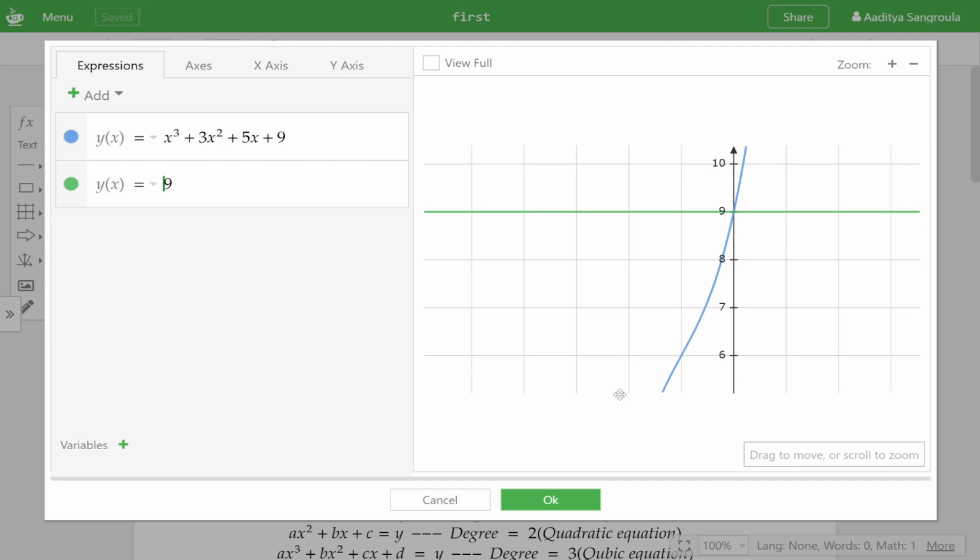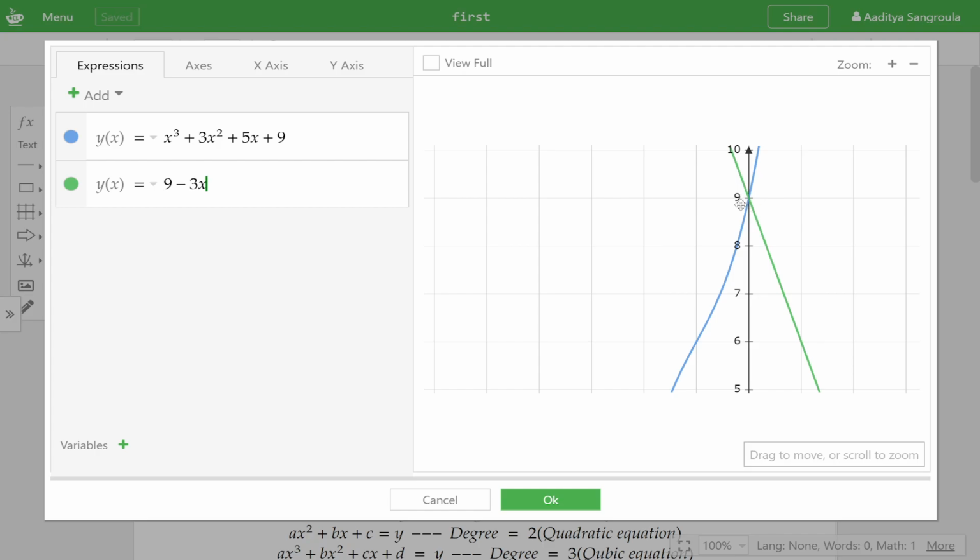Now plus how many times x? For the slope, we use the same formula, y2 minus y1 over x2 minus x1. So 9 minus 6 is going to be 3, right? Divided by minus 1, so minus 3x. So 9 minus 3x. So what is the problem here now?